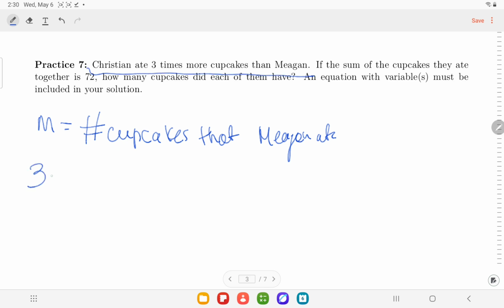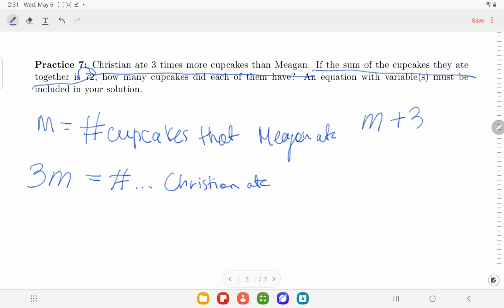So Christian ate 3M cupcakes. And then we know that the sum of the cupcakes that they ate is 72. So we know that M plus 3M is 72.